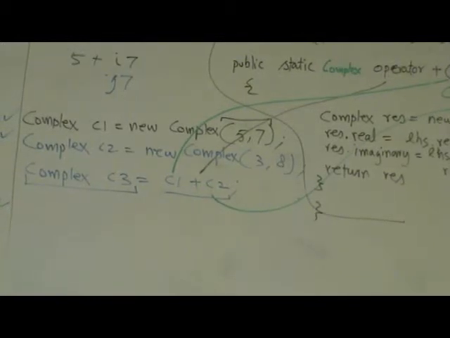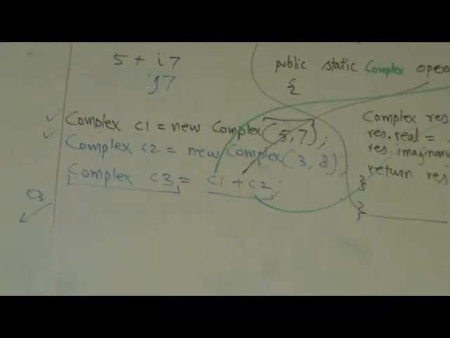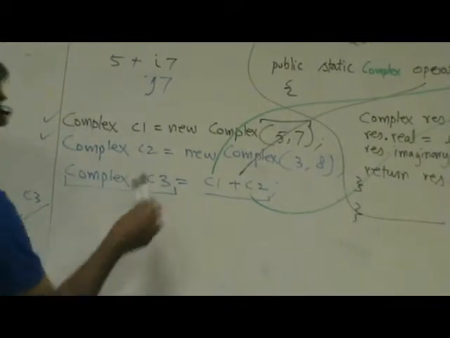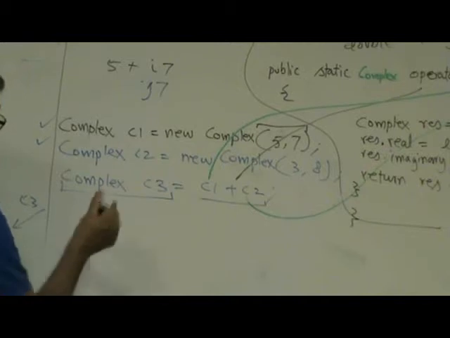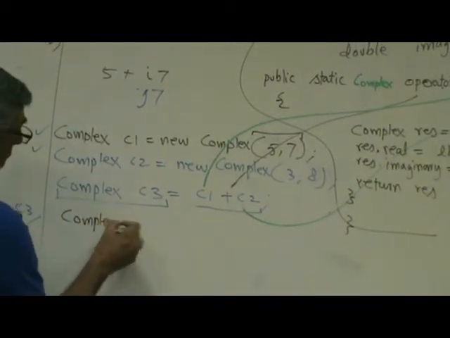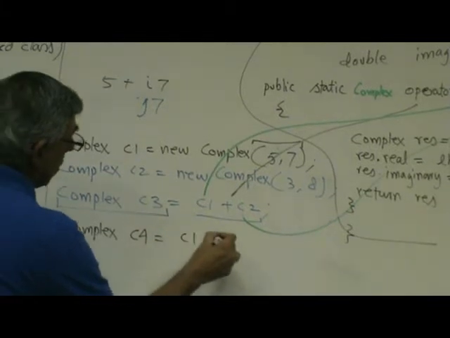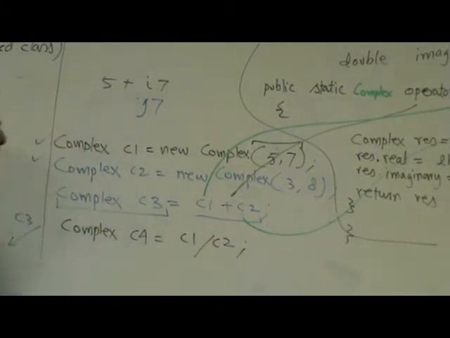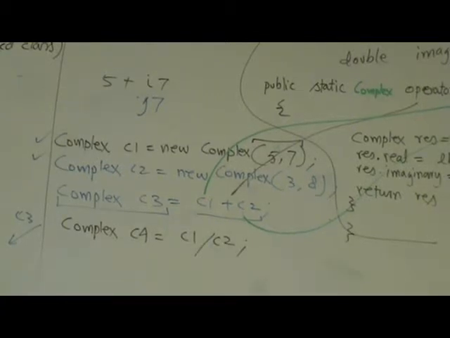So this is how easy the overloading is. So now let's say you did this, right? What if now you try to say in the next line, complex C4 equal to C1 divided by C2? What will happen? We'll have to overload it again.